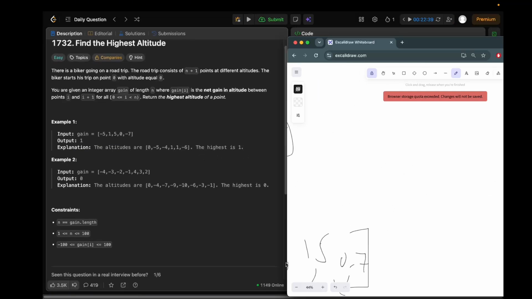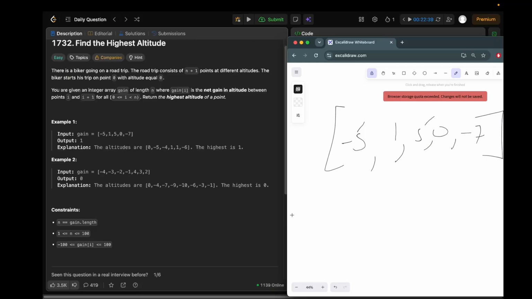Okay, I am having a little bit of a brain fart here. So we're given minus 5, 1, 5, 0, and minus 7, yeah? So we start at 0, that's given. So the highest altitude between, what's the net gain? Net gain is minus 5.